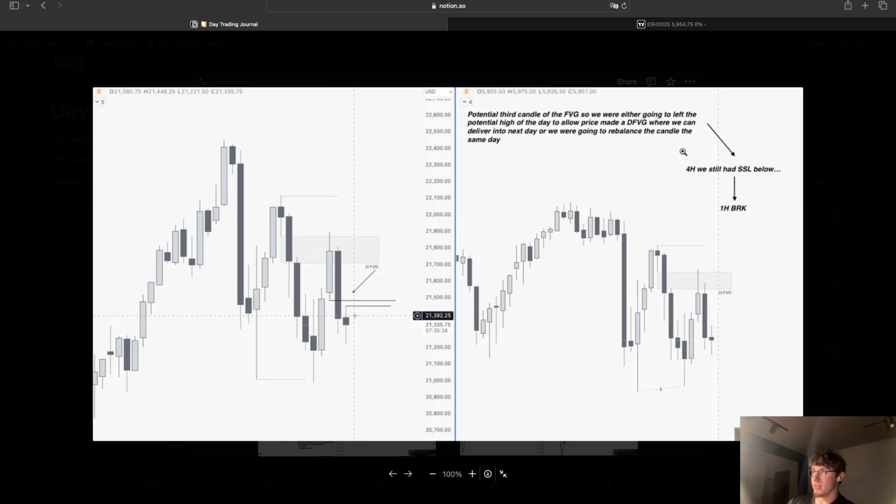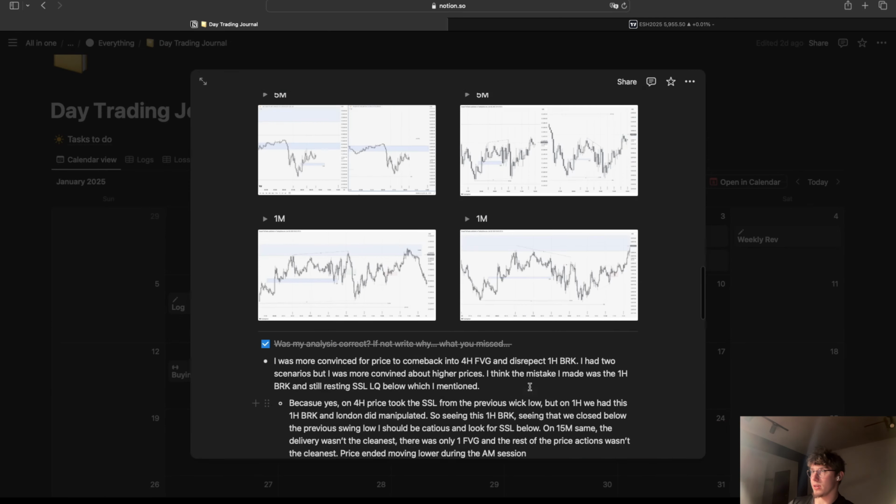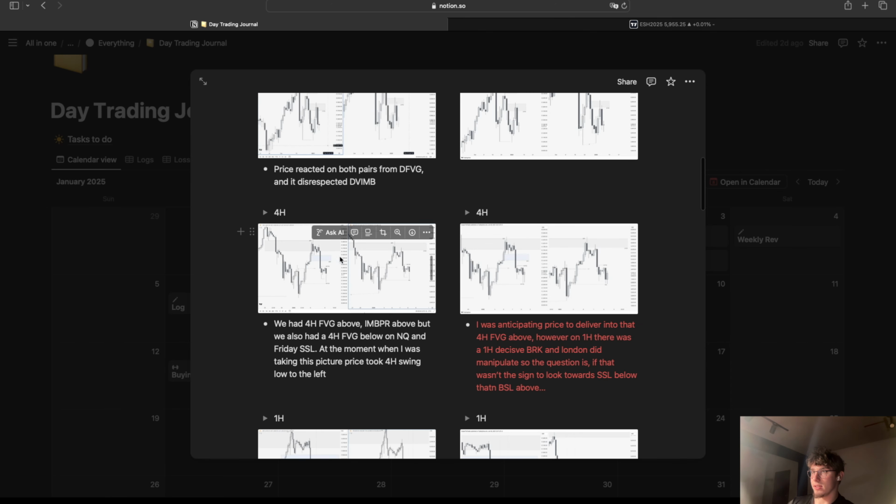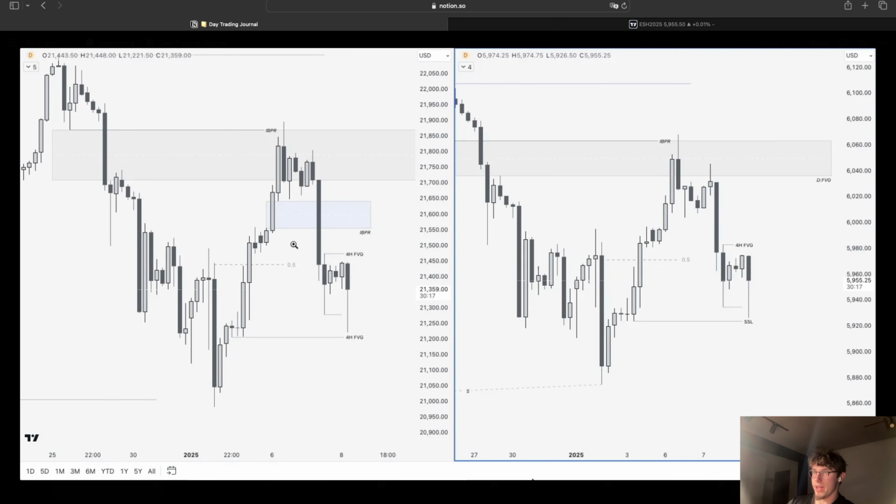And right now what I want to say is that on 4 hour we still had sell side liquidity below. On 4 hour we still had this sell side liquidity below, and despite there was this huge gap, huge void here, knowing that we still had this sell side liquidity below, it was possible for price to not deliver there if that would align, for example, with 1 hour, and on 1 hour there was a breaker.